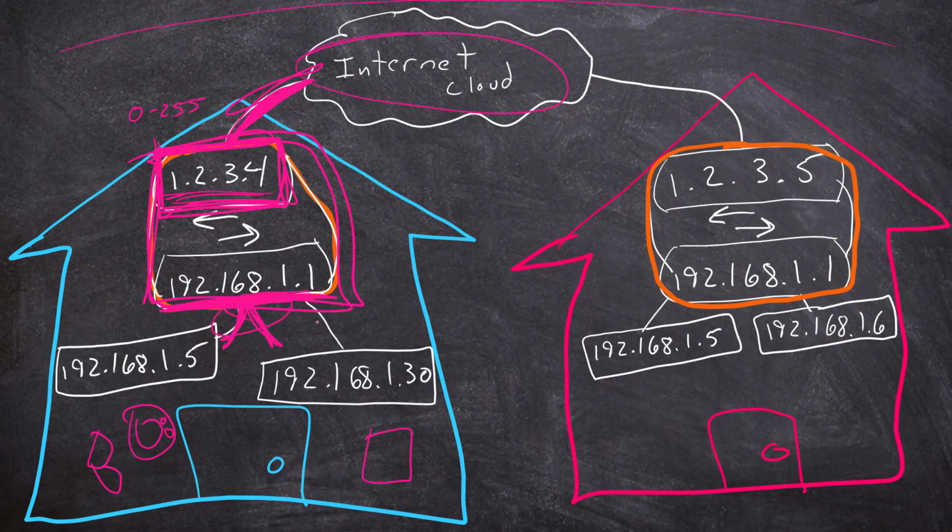Now, this connection can be wireless or it can be Ethernet cables, but the inside of your house has its own network, and it's usually something like 192.168.1.something. So you can have like a tablet that has 192.168.1.5.